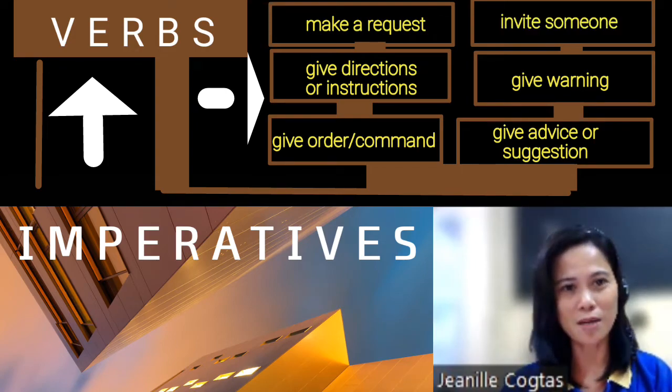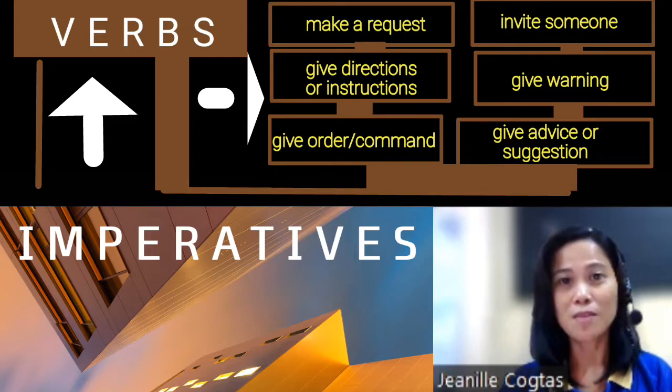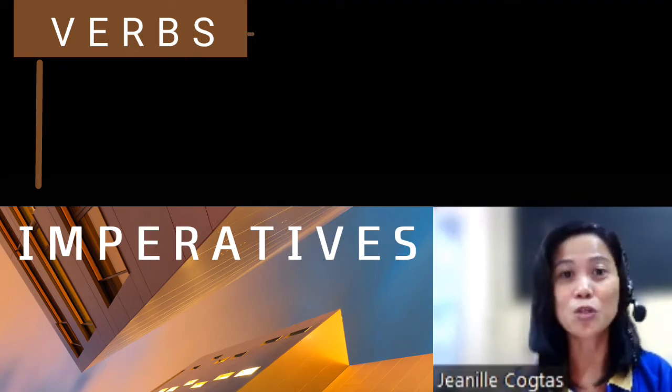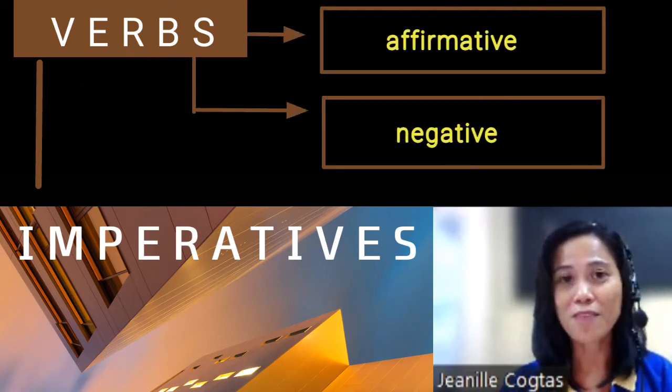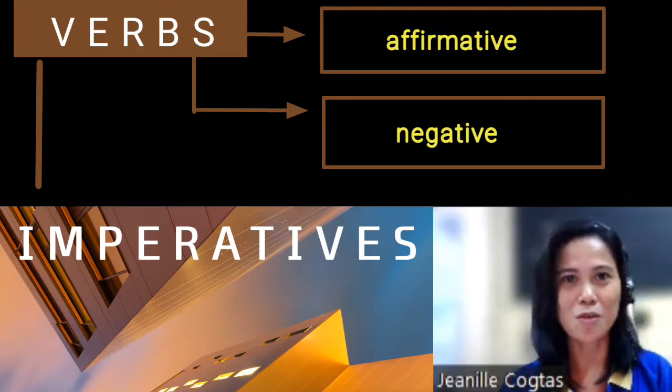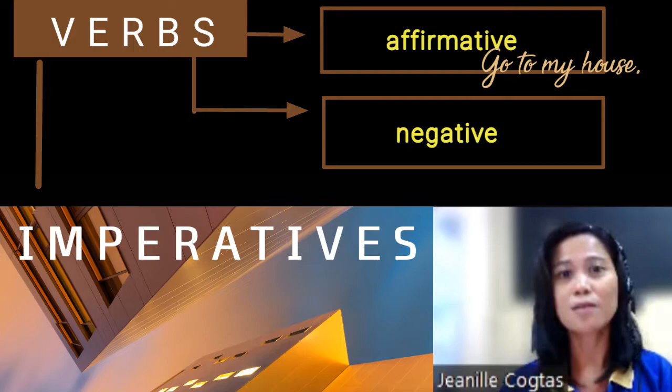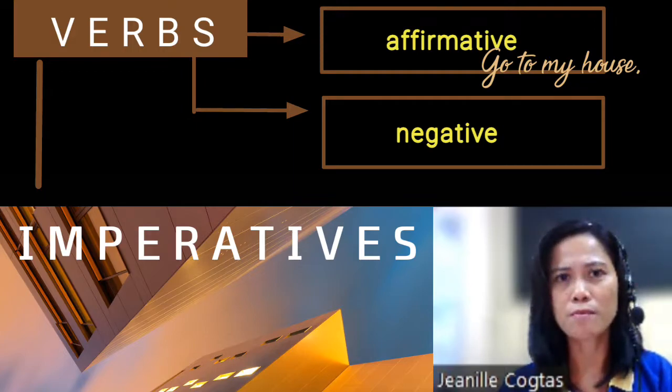Now, before we go to the examples of these, I want to talk to you about the forms. There are two forms, the affirmative and the negative form. So the affirmative, when you say, go to my house, that is affirmative because that is positive. You have a go. The verb tells you to go to the house. That's a positive.